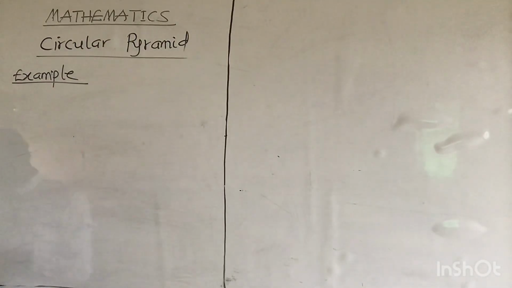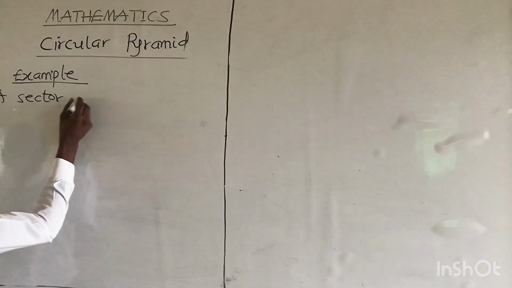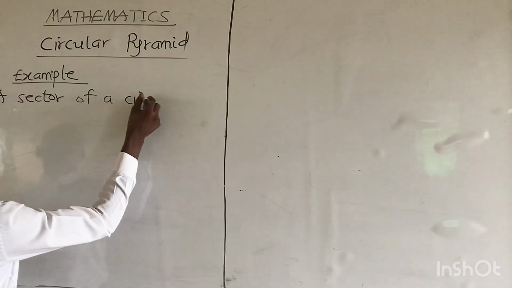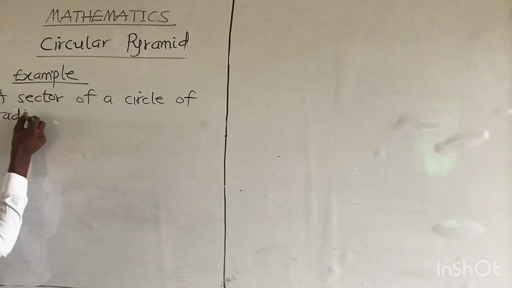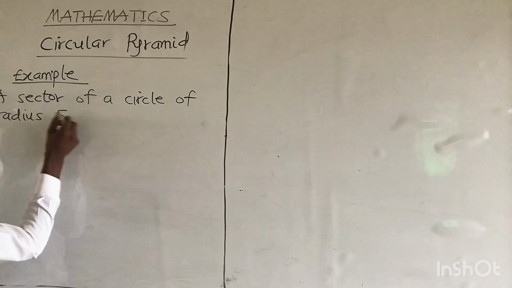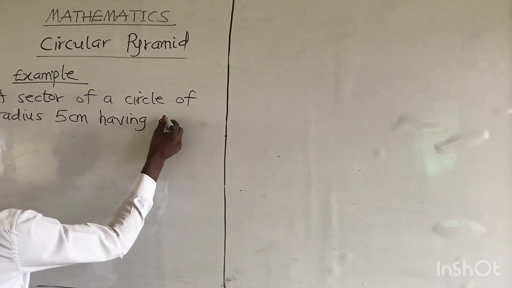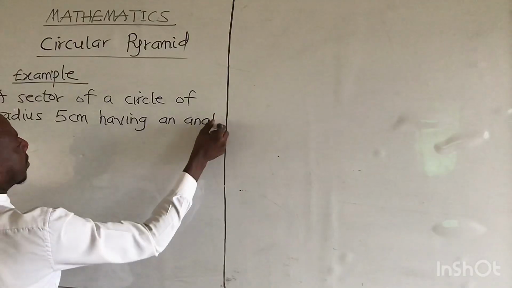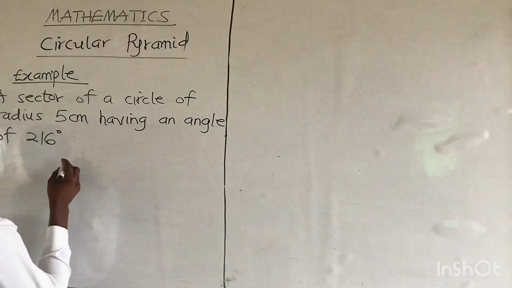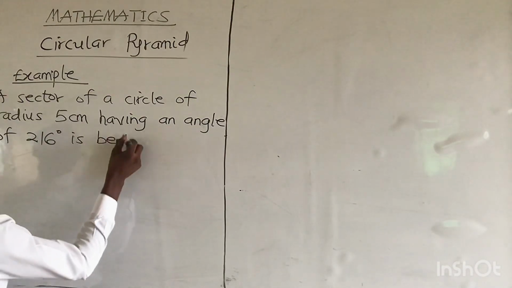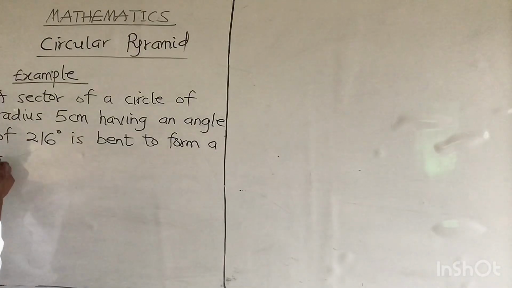Example: a sector of a circle of radius 5 centimeters having an angle of 216 degrees is bent to form a cone.